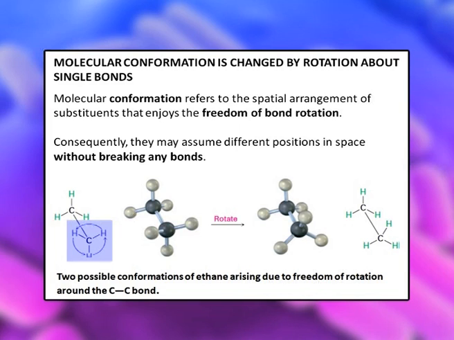You can see that these groups can rotate around this bond and form a different structure. So, this is one conformation, this is another conformation, and this arose just by rotation of these groups around the carbon-carbon bond.